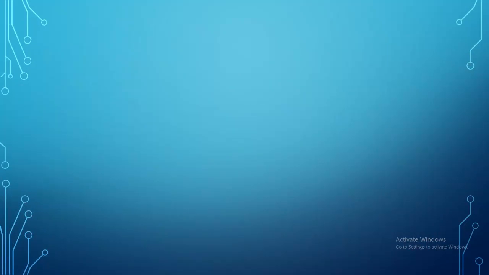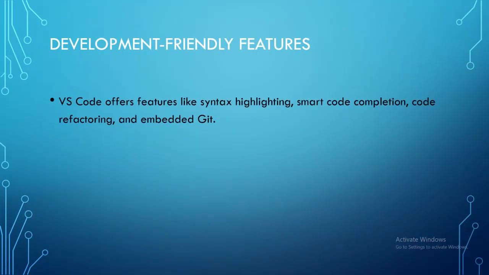The next feature is development friendly features. VS Code offers features like syntax highlighting, smart code completion, code refactoring, and embedded Git. There are many of them, but I have given some examples.